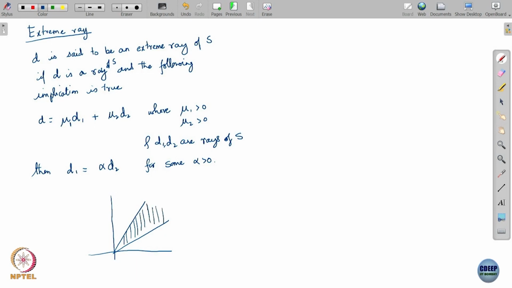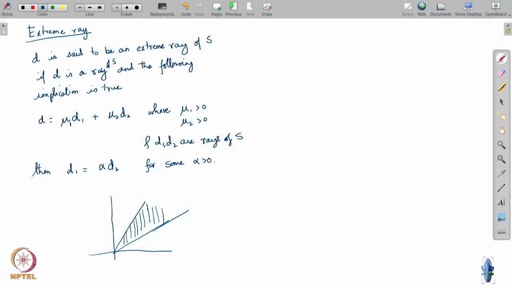What are the extreme rays of this set? If you take these two, any of these vectors, take this vector, all of these are extreme rays, right.